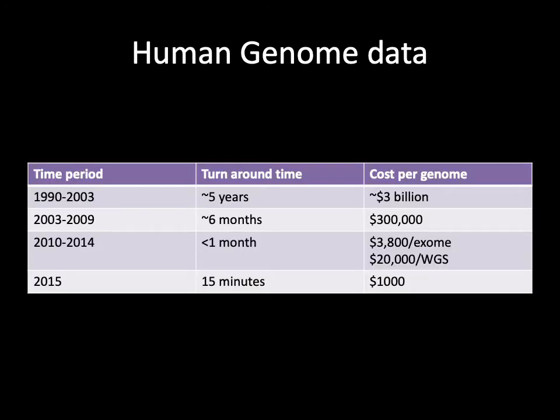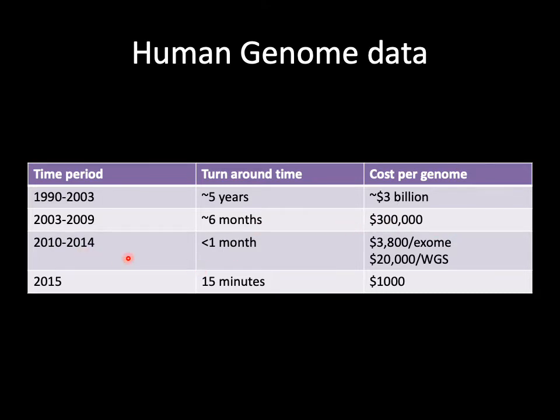If we take a look at the human genome data, this gives you an idea of how the cost of sequencing has come down. Between 1990 and 2003, the turnaround time was about 5 years, and the cost per genome was about 3 billion. Between 2003 and 2009, it took around 6 months to generate data for a genome, at a cost of about 300,000.